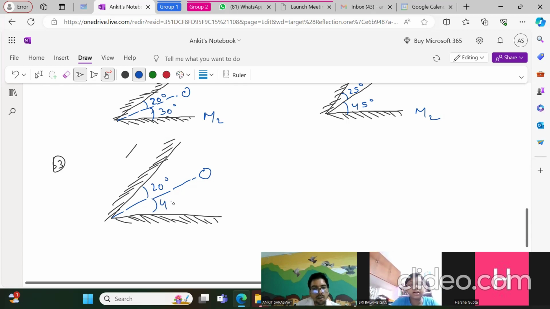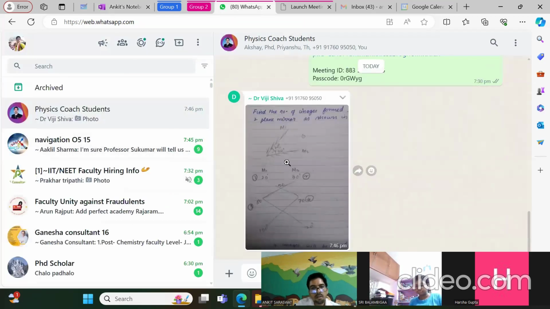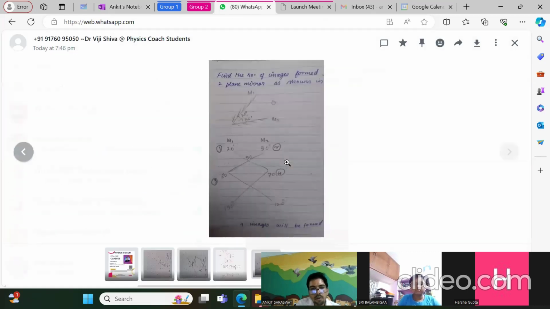Sir, I sent the photo. Let me check. How many images? 4. Are you sure? Yes, sir. 20, 30. Wrong. 7 images will be formed. Why are you saying 1, 2, 3, 4, 5, 6? Why don't you go further?